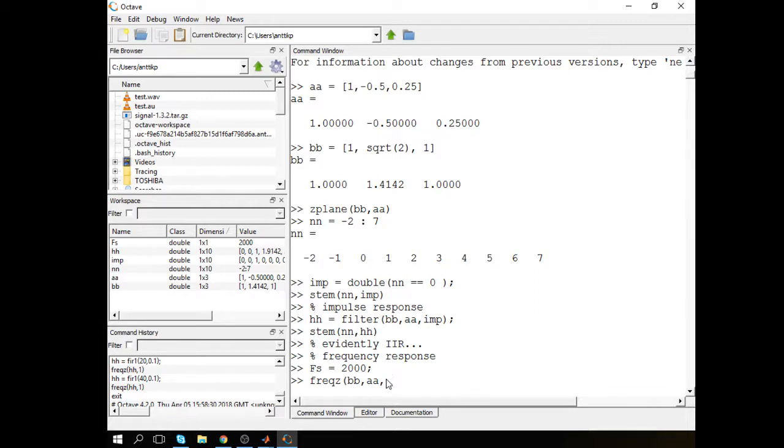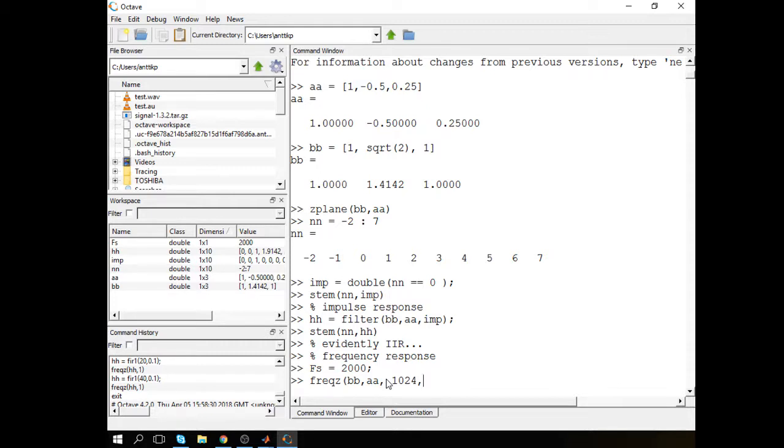Then the number of points you want to use for the calculations. Use, for example, 1024, which is a good number. Not less than 256.